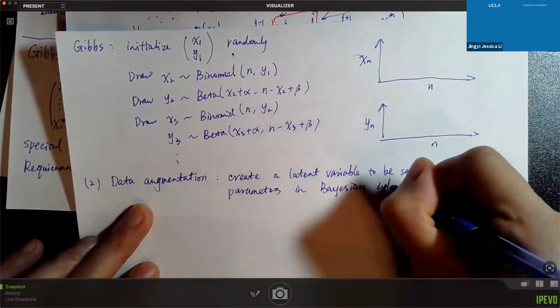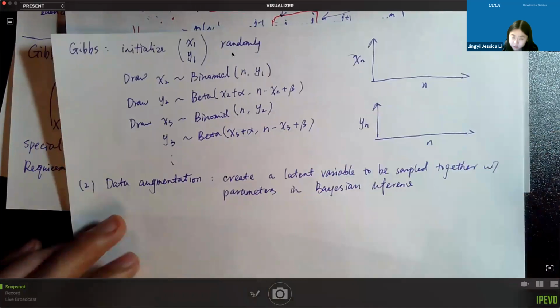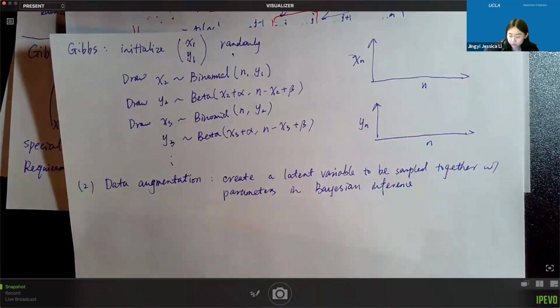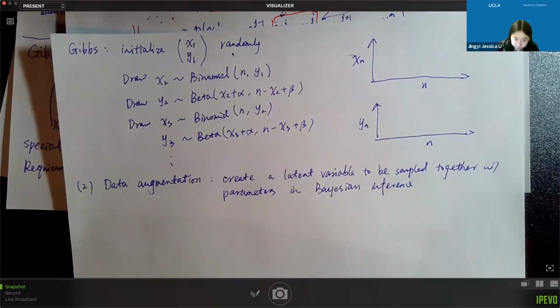So we know that in Bayesian inference, what we want to do is to sample from a complicated posterior. So what we draw are the values of parameters. But we may want to add a latent variable as missing data and sample that together with the parameters to make the sampling of parameters easier. And this is the case.